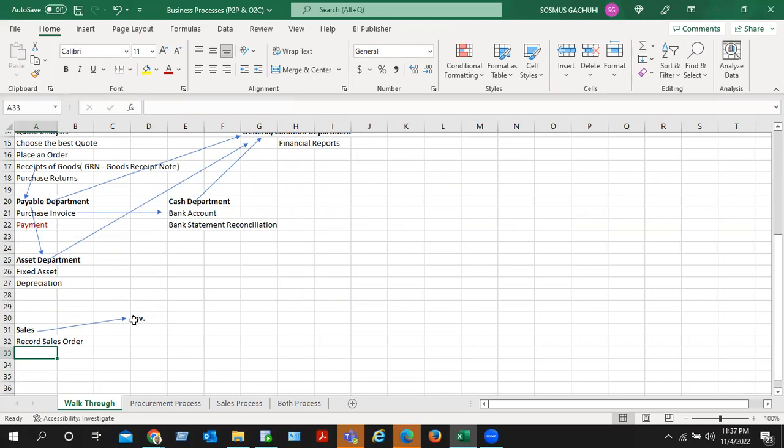And once the inventory has confirmed that they have the goods, the sales department will go ahead and book the sales order.